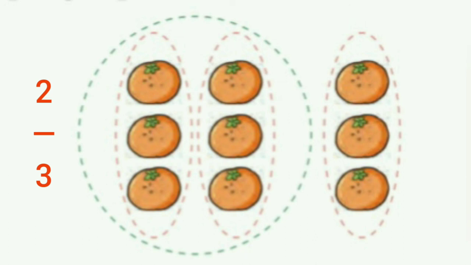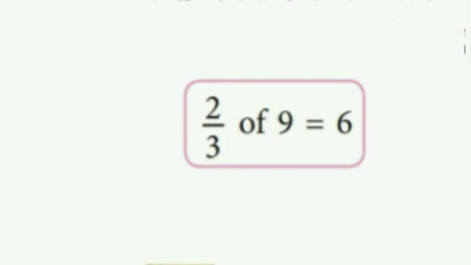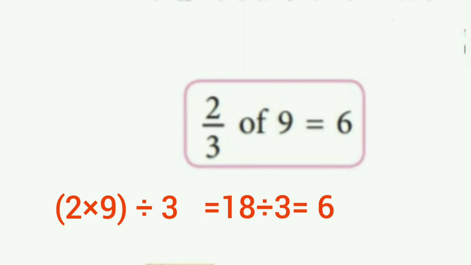So 2/3 of 9 equals 6. 2/3 of 9 equals 2 multiplied by 9 divided by 3. So 2 nines are 18. 18 divided by 3. 3 sixes are 18. So here our answer is 6.